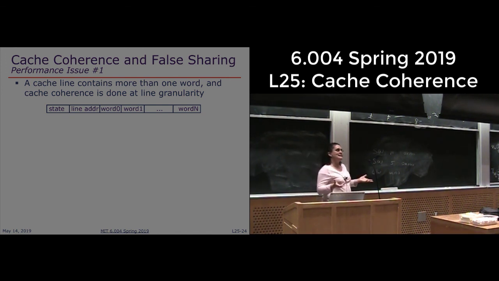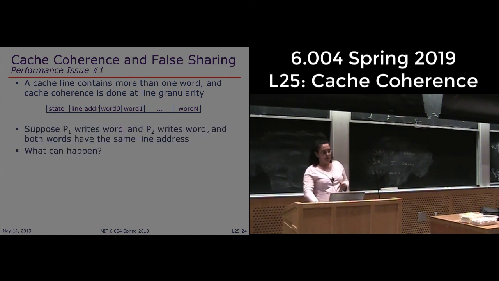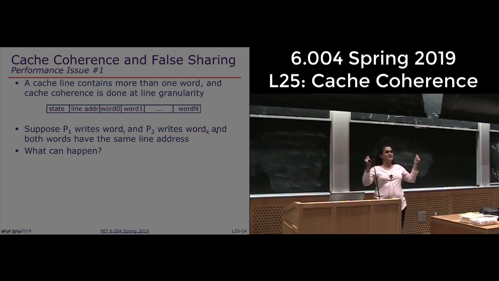In today's lecture, we were constantly talking about cache lines holding a single address. But when we learned about caches, we learned that that's generally not what our caches look like. Generally, a cache line holds multiple addresses. Imagine a scenario where one processor is writing to word I, and the other processor is writing to word K. These are two completely different words, different addresses.